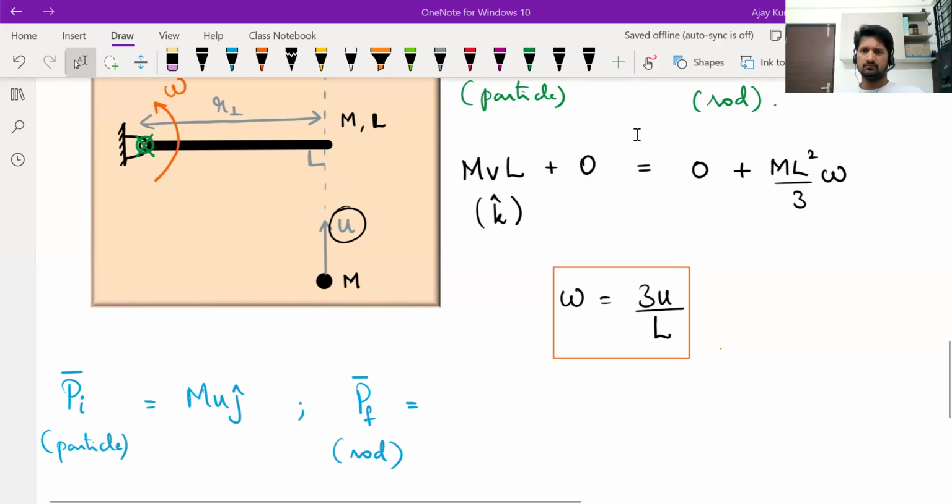So v equal to r omega. v equal to r omega gives you speed or velocity. I'm asking linear momentum. Velocity of center of mass. That's all. You consider the velocity of center of mass.